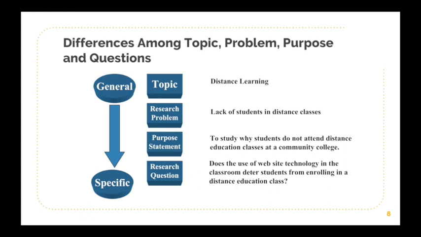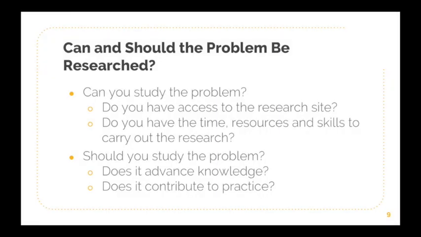And the research question is, does the use of website technology in this classroom keep students from enrolling in a distance education class? You can find some material using technology from the internet and many more.